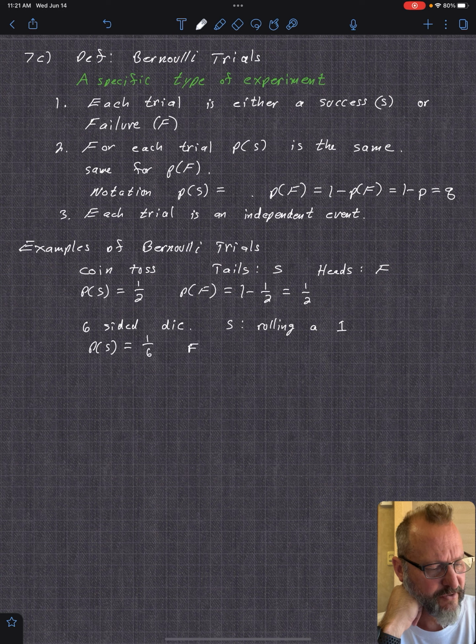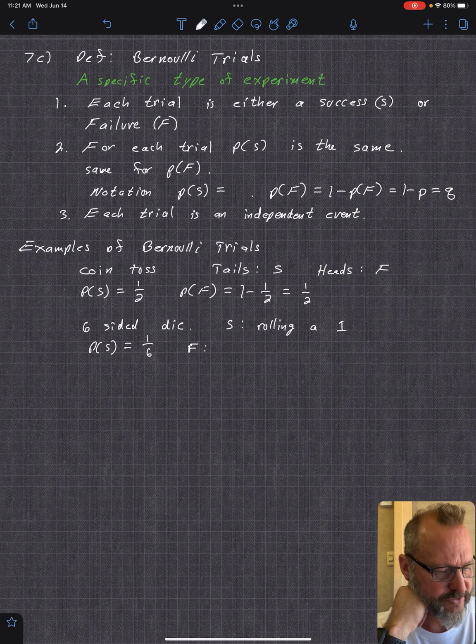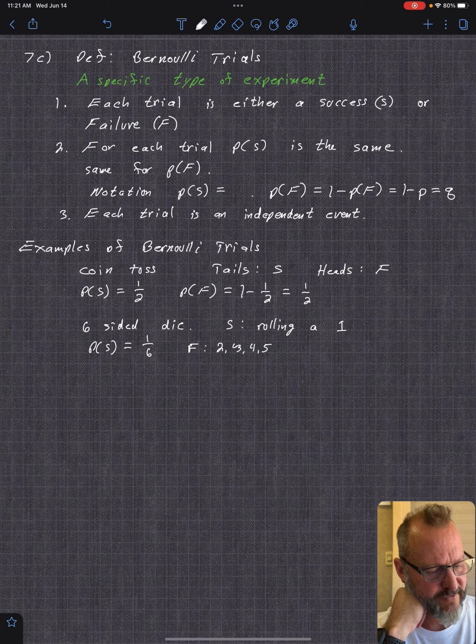So the failure would be rolling anything else. So 2, 3, 4, 5. So the probability of failure then is 1 minus 1/6.